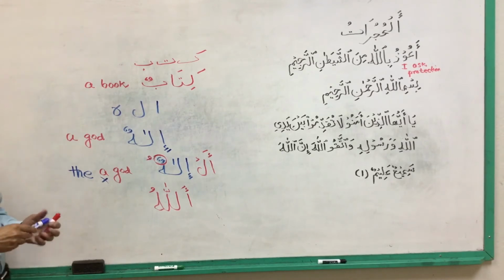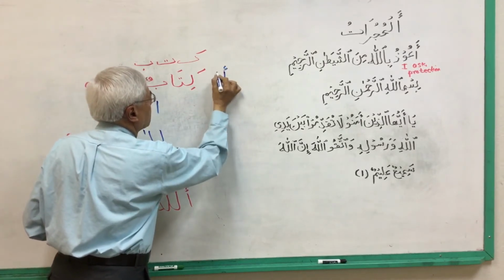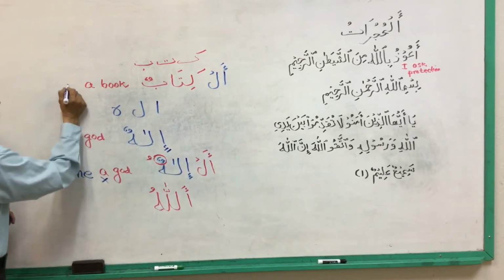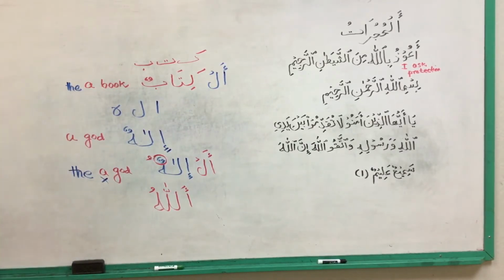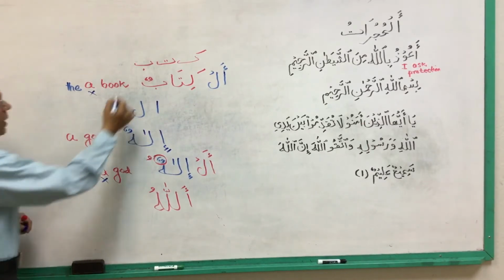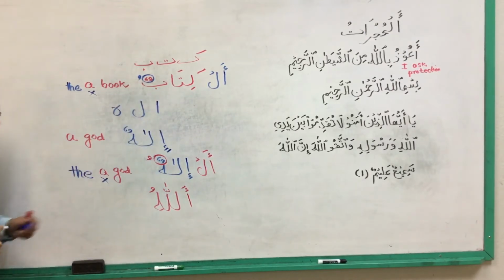Okay. But if you want to make a definite book, then you put al before that. Okay. That means you are putting the here. Okay. You have to do the same thing, remove a and remove these two and put one there, just like we did here in Arabic.